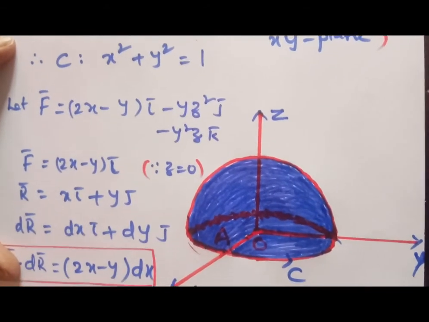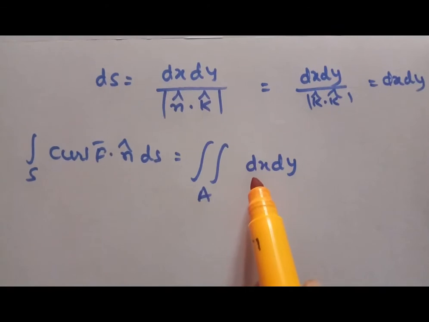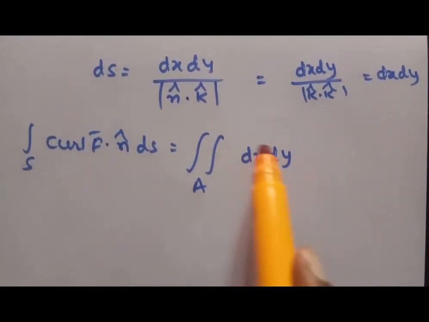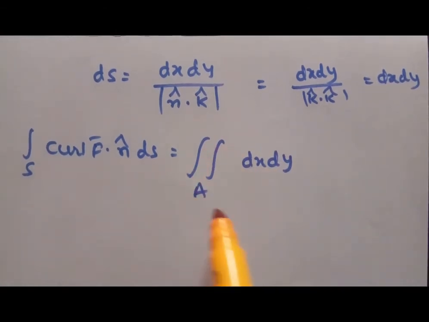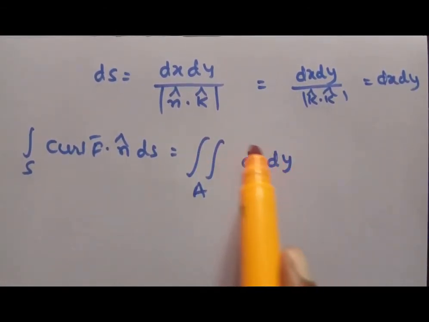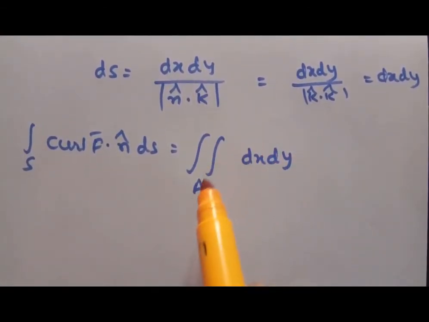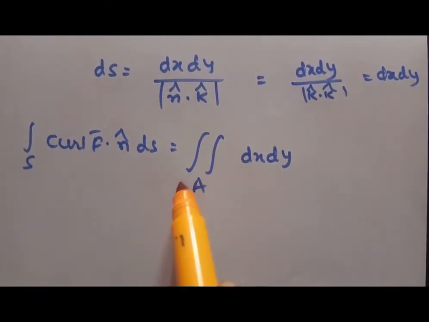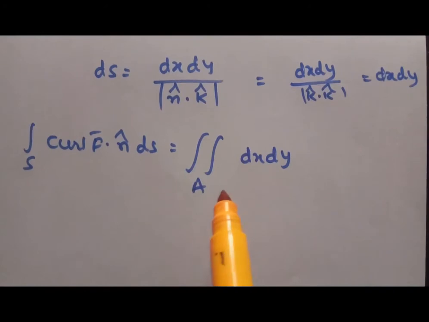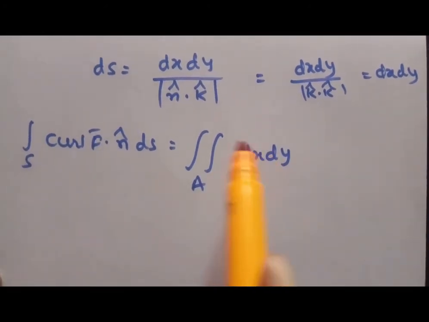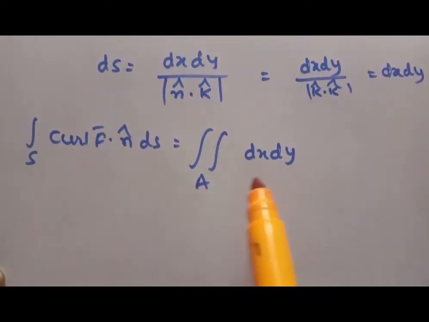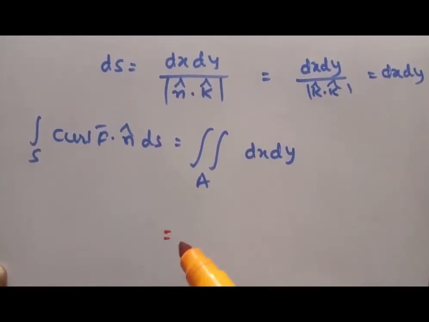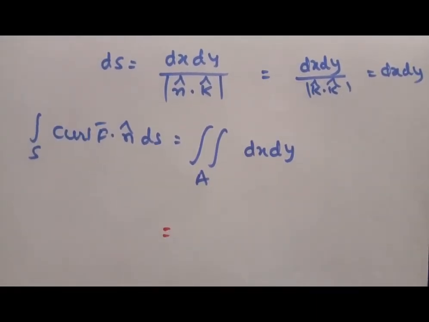We already explained in multiple integrals that this is the formula to find the area of the region bounded by the plane. Here A is the area of the region bounded by the circle. We know that the area of the circle is pi r square.